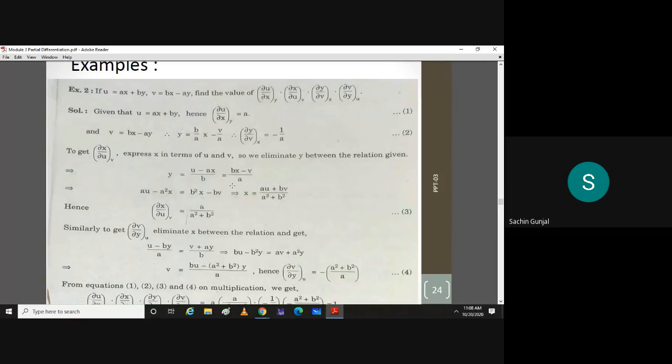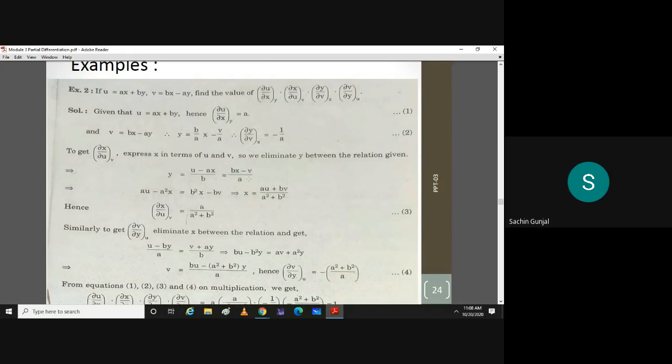So if you cross multiply, you will get au − a²x = b²x − bv. From this, if you take the a²x to this side, you will get x = (au + bv)/(a² + b²). So this is x. So you have eliminated y from these two equations.